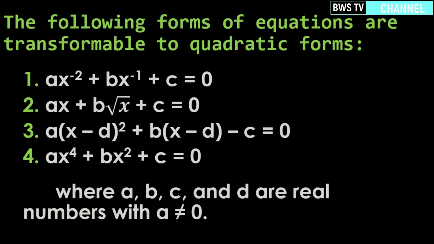And take note, your a must not be equal to 0, because that will determine if the equation is quadratic or not. So that's an important pattern that we need to remember. Your a should not be equal to 0.